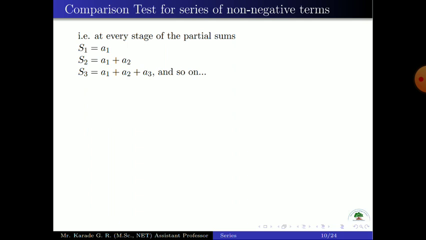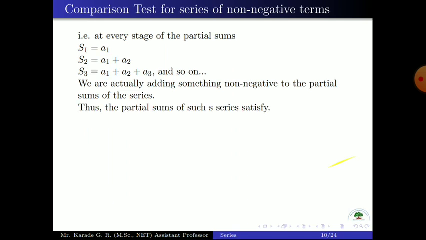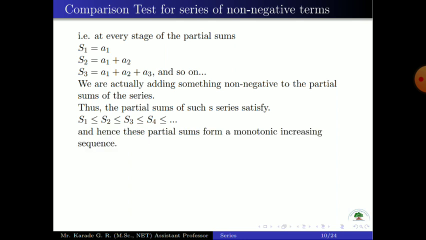We are actually adding something non-negative to the partial sums. Thus the partial sums satisfy s1 less equal s2, s2 less equal s3, s3 less equal s4, less equal dot dot dot, and hence these partial sums form a monotonic increasing sequence.